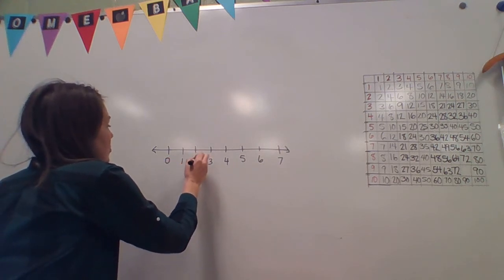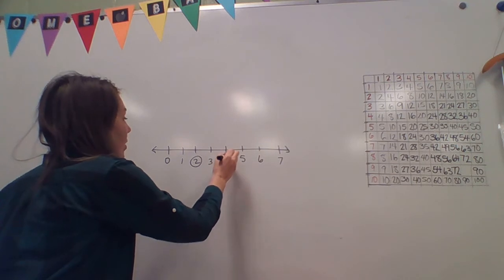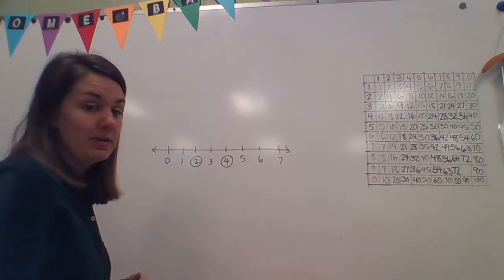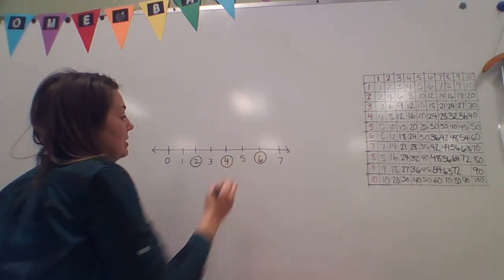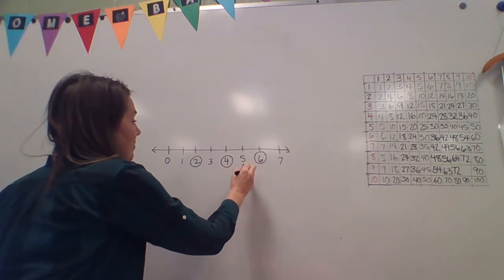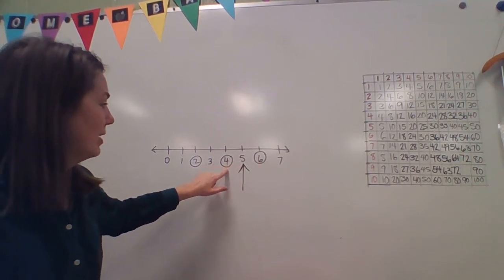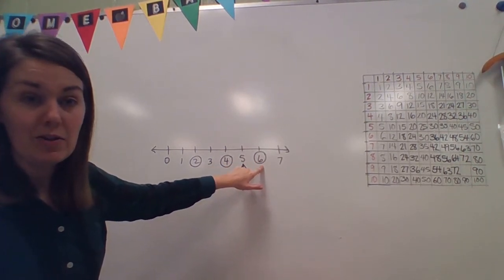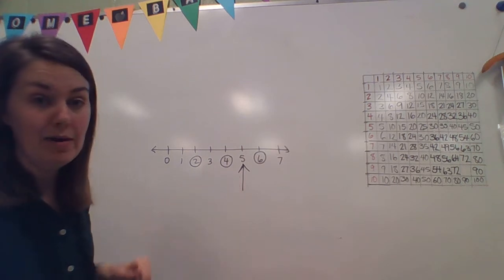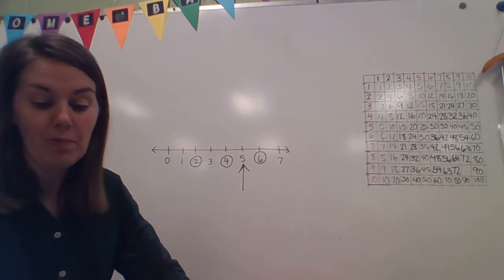So 2, that would make 1 batch of muffins, right? 4, that would make 2 batches. 6, that would make 3 batches. But we were at 5 cups. I skipped 5 when I counted from 4 to 6. So that means that I would not be able to use all of my cups to make a full batch.